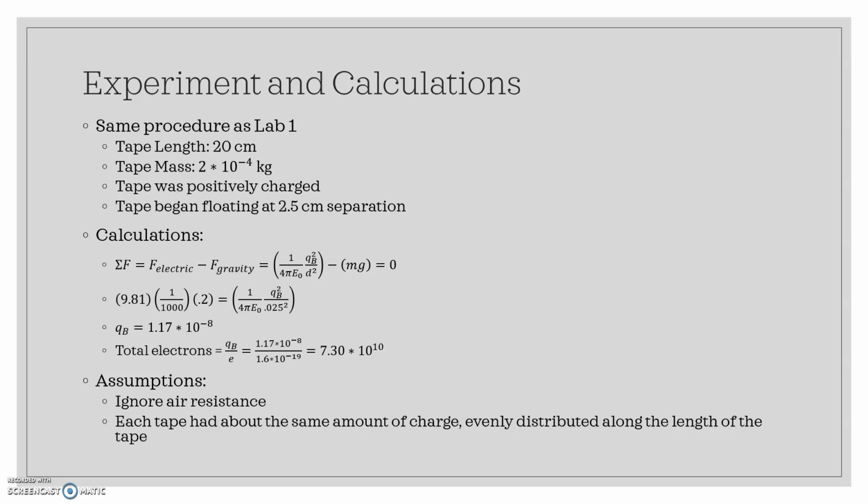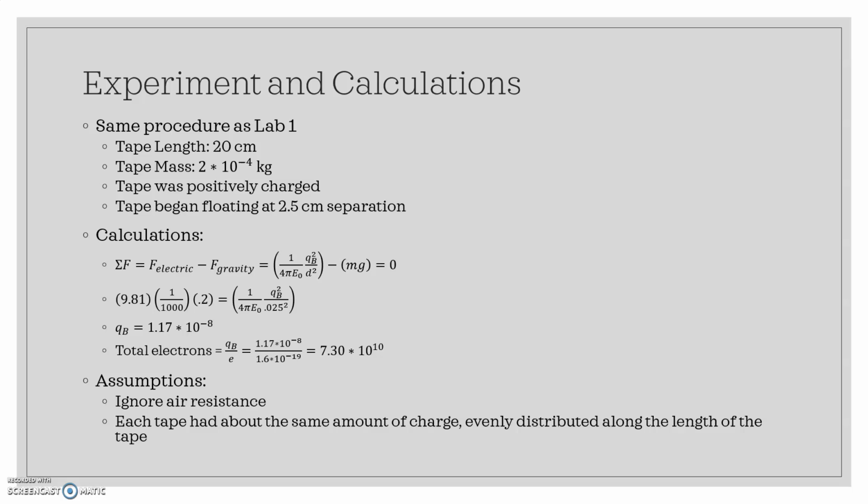Running through some Lab 1 stuff real quick. The length of the tape that we used was 20 centimeters, and the mass was 2 times 10 to the negative 4 kilograms. Our tape was positively charged, which we figured out through the hair test with a pen. Through the floating tape experiment, we found that our tape began to float at a separation of 2.5 centimeters.